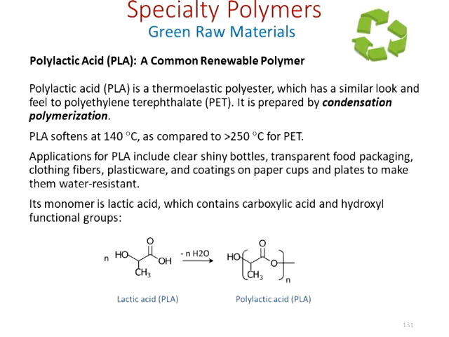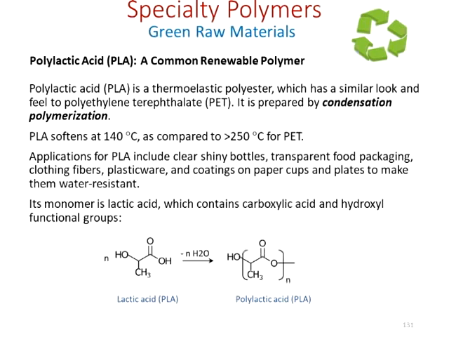which has a similar look or feel as PET. So your PET has a similar feel and similar application, and it's prepared again by condensation. The PLA softens at 146 degrees C, as compared to PET at greater than 250 degrees C. So it has a lower softening point, but can be used for many of the same applications.